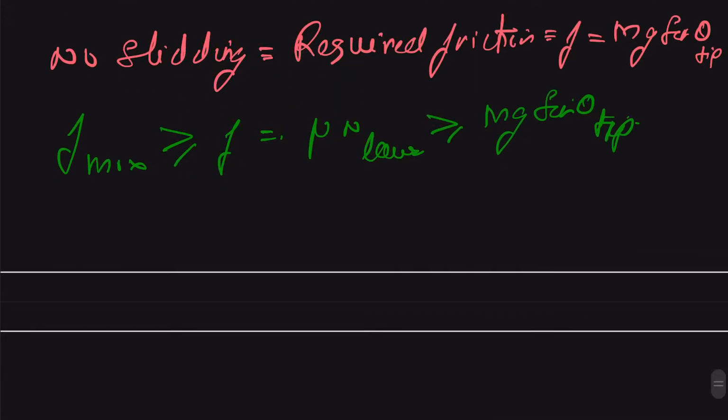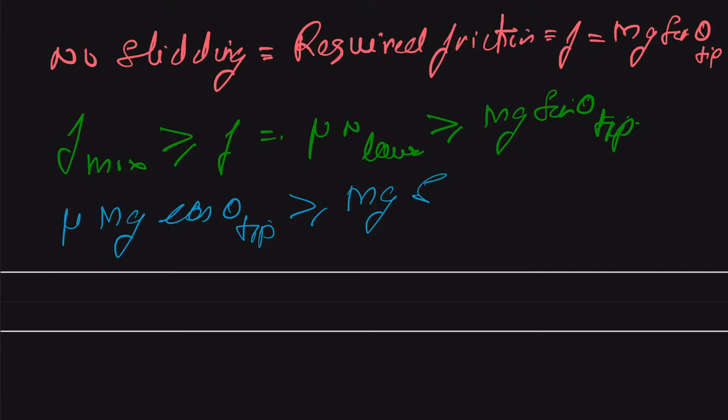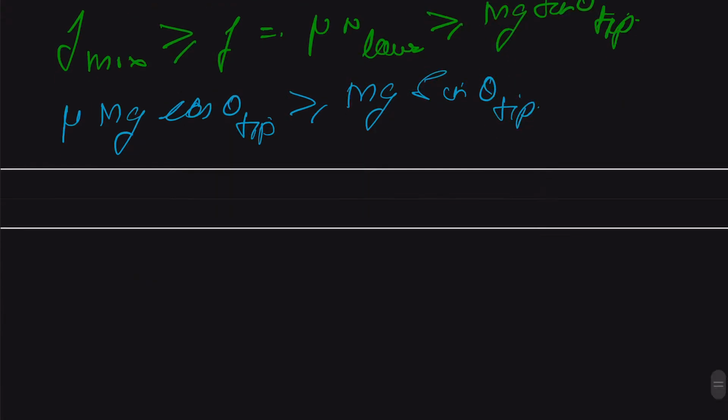We can substitute our N lower, and this will give us mu mg cos of theta tipping angle is greater than or equal to mg sine of theta tipping angle.